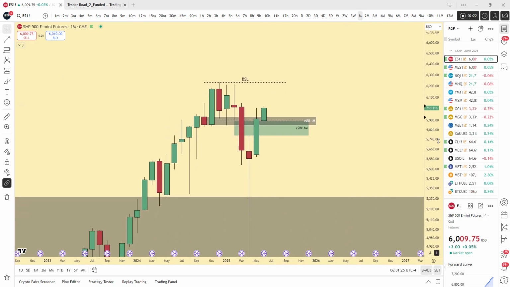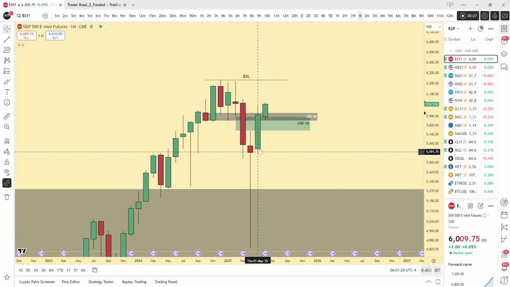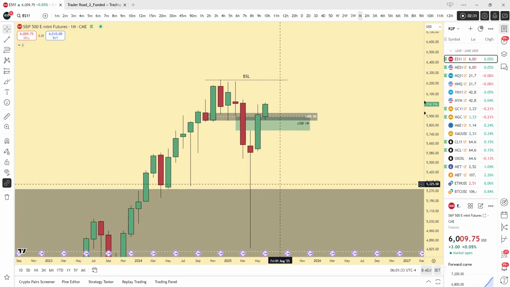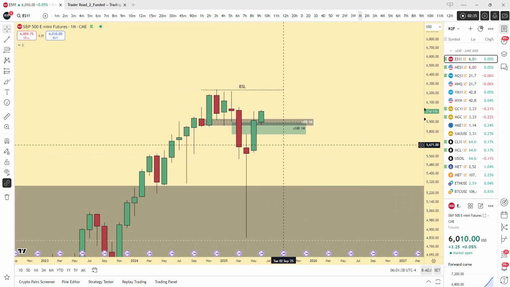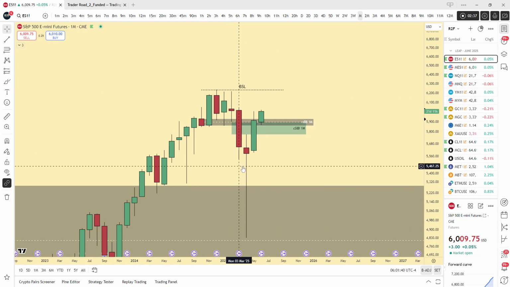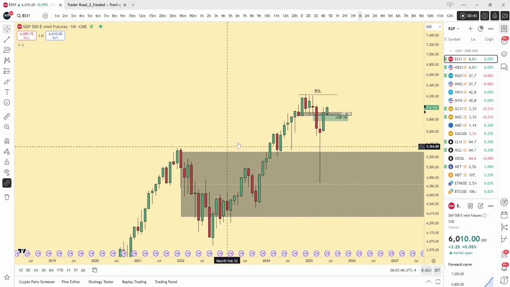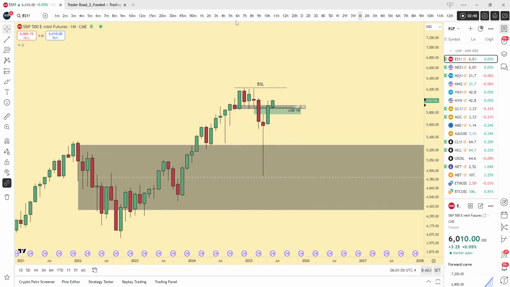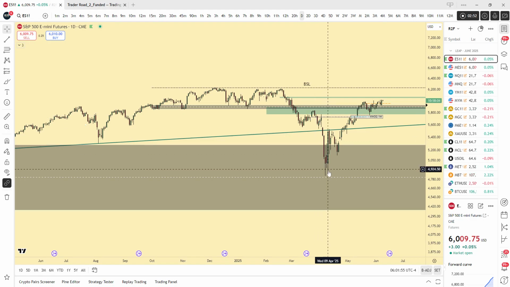We could have a narrative of this was a manipulation and it was meant to take out a lot of people, and we're actually going to move higher and take out the buy side liquidity, right? Because a lot of people may have been chasing the short, and it reversed relatively quick in relation to the chart.